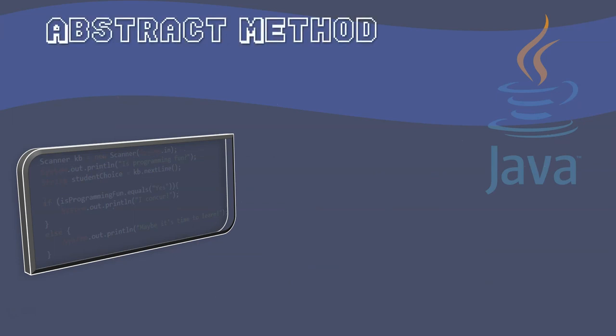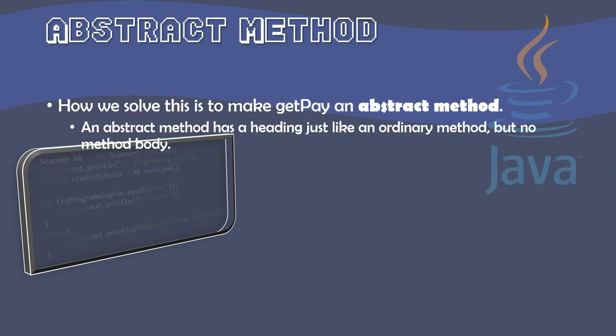The way we're going to solve this is with something called an abstract method. Abstract methods allow us to handle the problem of not knowing what kind of class we're going to have. An abstract method has just a heading like an ordinary method, with all the same things we would expect to see in a heading. However, there's no method body.